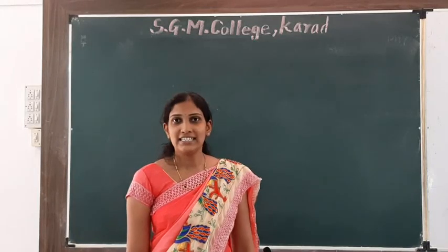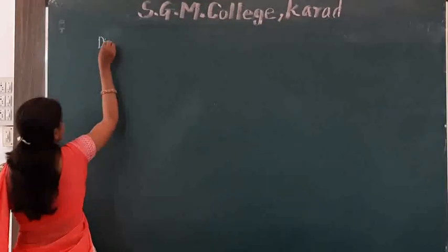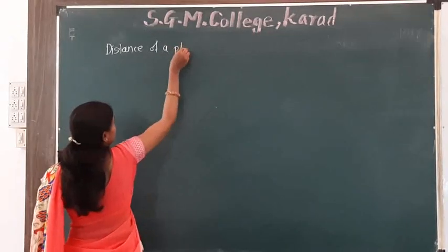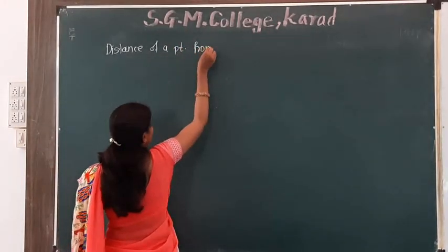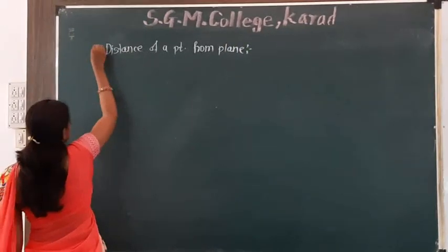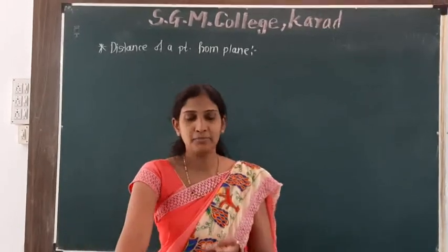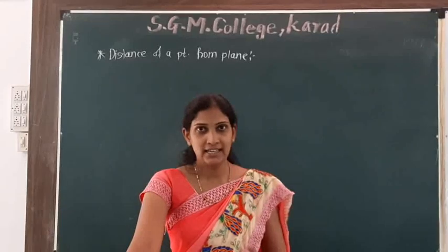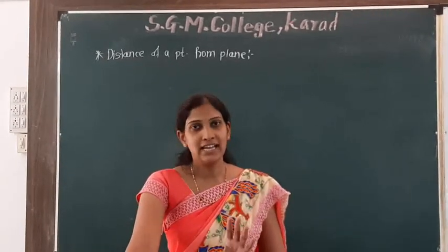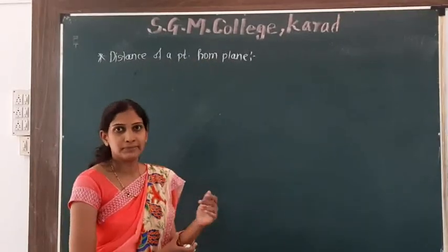Next point is distance of a point from plane. In last lecture, we studied about angle between two planes, angle between line and plane, coplanarity of the line, and the point is distance of a point from the plane.